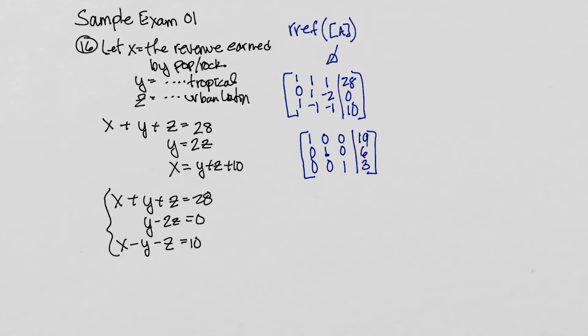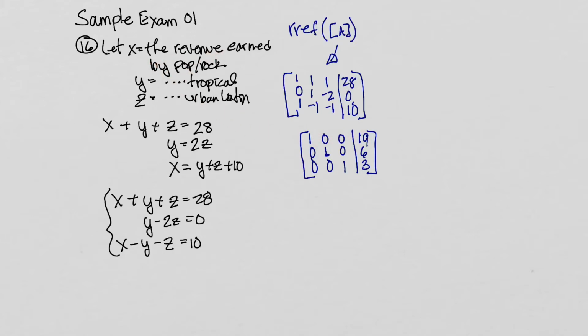So the question is, where's the question? It says, how much revenue was earned from digital sales in each of these three categories? So what we can say here is that in this category, X, that was pop rock.